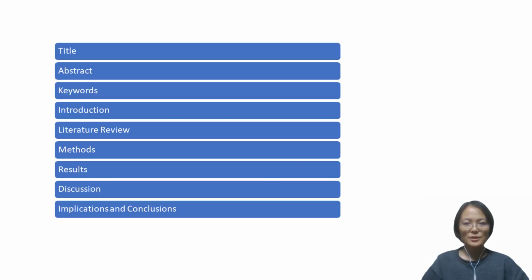A journal article usually has some common structure of writing, which can include sections such as title, abstract, keywords, introduction, literature review, methods, results, discussion, and implications and conclusions. In this case, among all these sections, I will first read the methods to see how these authors analyzed the interviews, and then read the results section to check their primary findings.